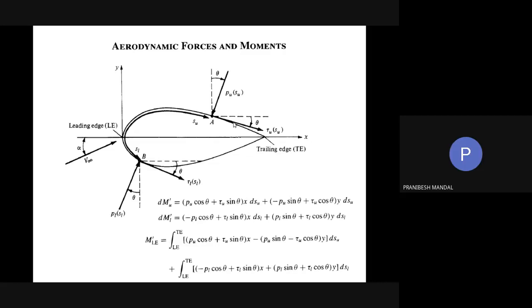So you guys please have a look at these two moment equations. Those are caused by p and tau for the upper and lower surfaces. If you are having any problem with these two equations, please let me know.